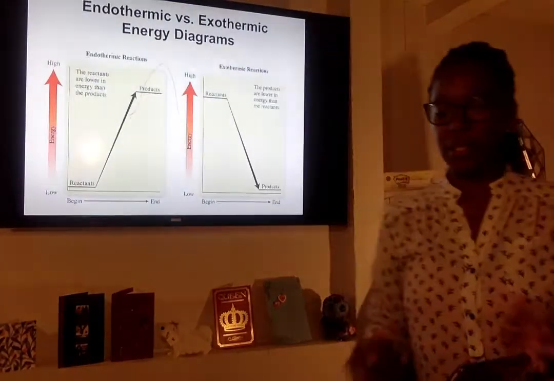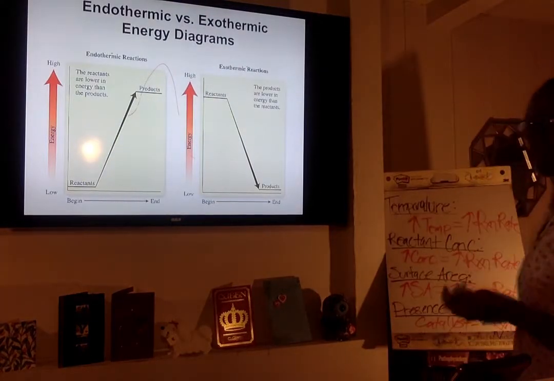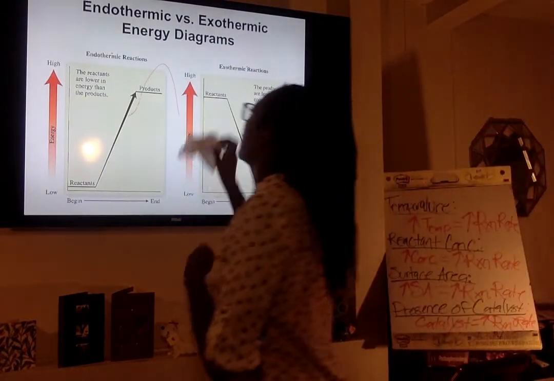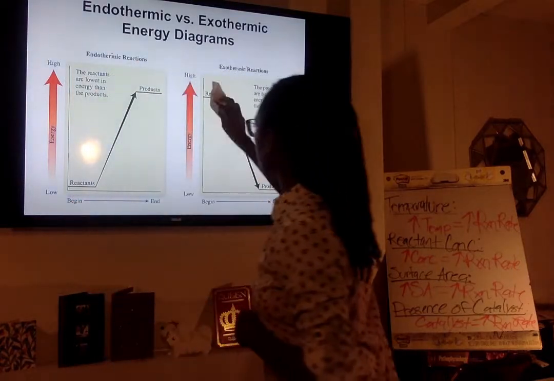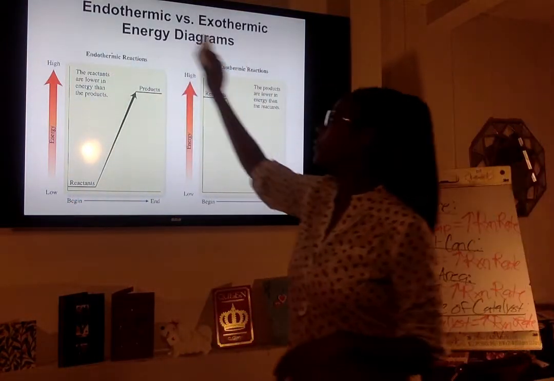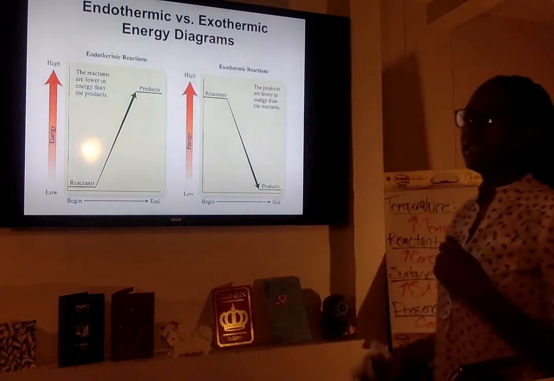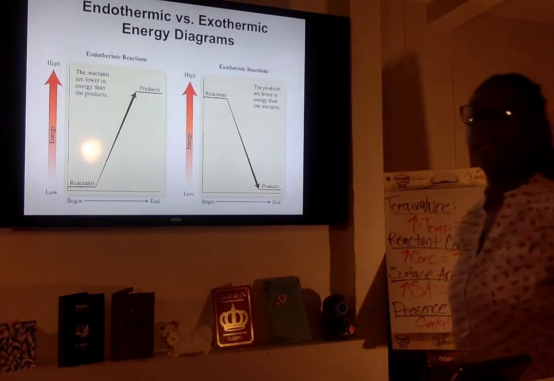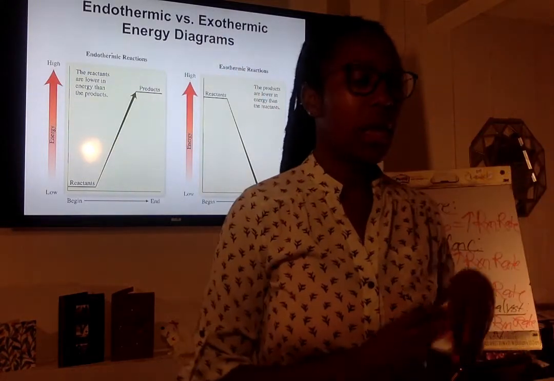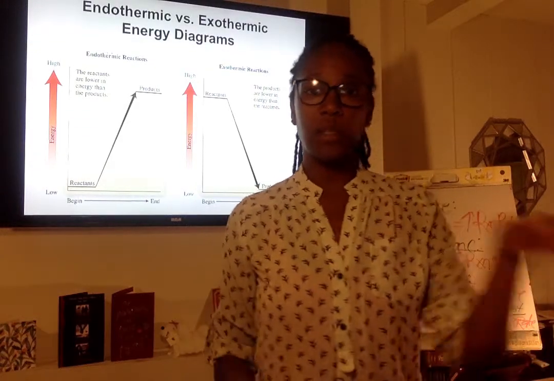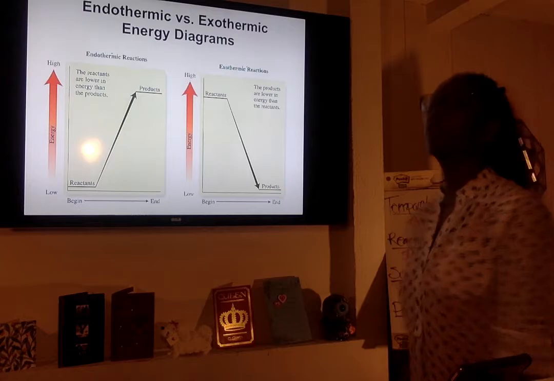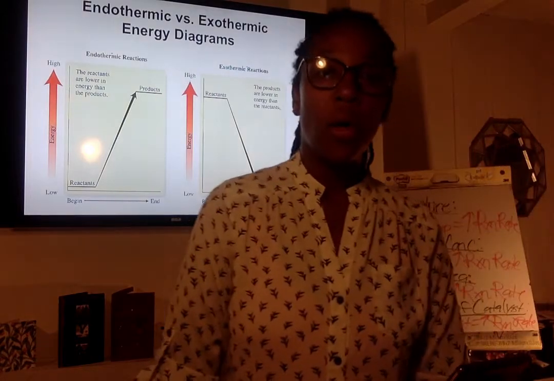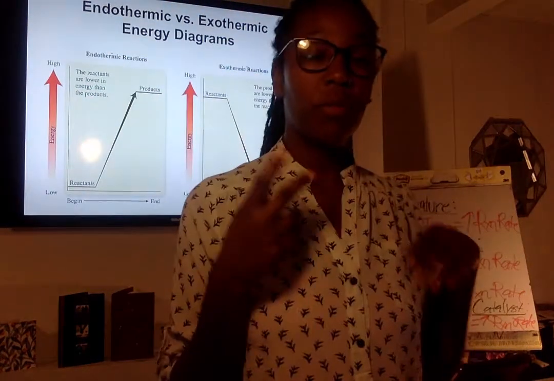All right, so let's go look at some other energy diagrams. Okay, so we've talked about endothermic and exothermic several different times, right? The concept of endothermic and exothermic is the same. We're just applying it in different ways to different concepts, right? So here we're talking about endothermic versus exothermic in terms of energy diagrams, because what have we been talking about?